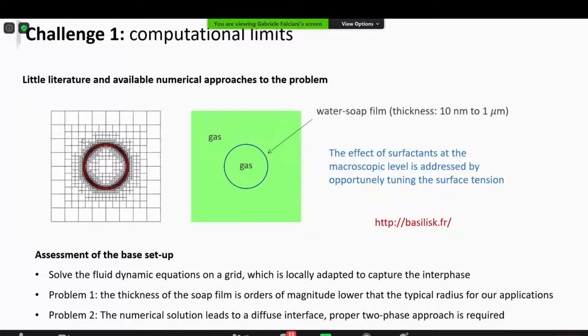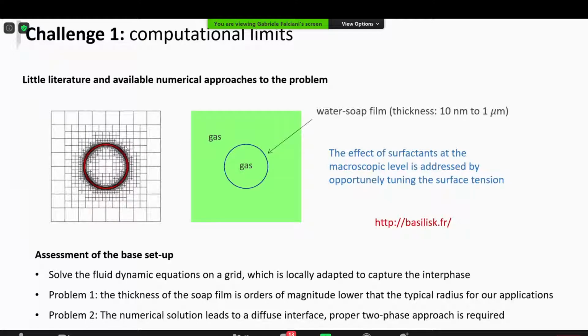As you can see from this picture on the left, the software divides the domain, this white space in which the bubble is moving, into different small squares, and solves the partial differential equation that describes the motion of the bubble for each of these little squares. This is actually called the finite volume method.